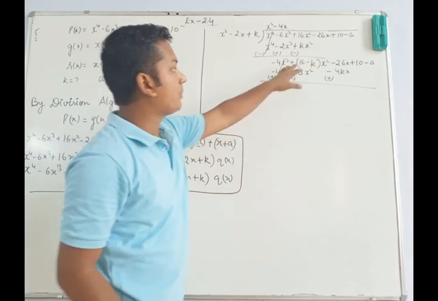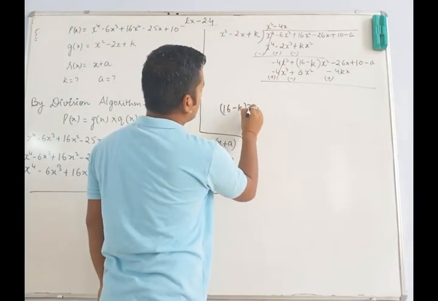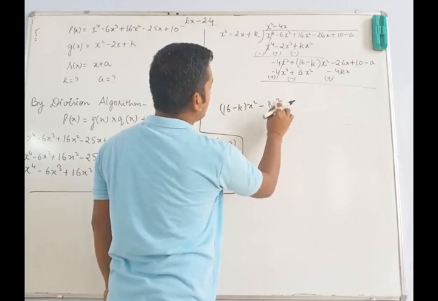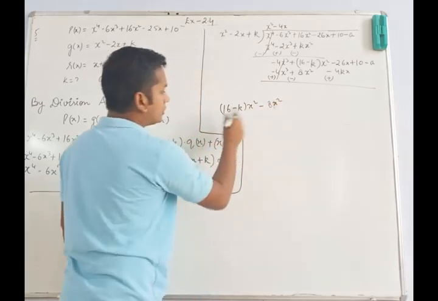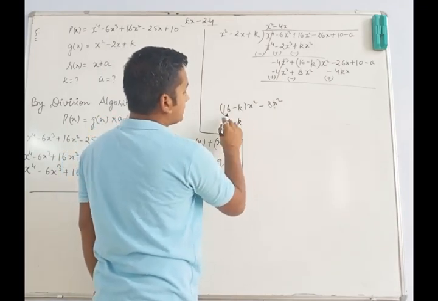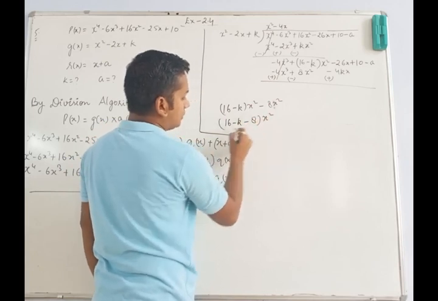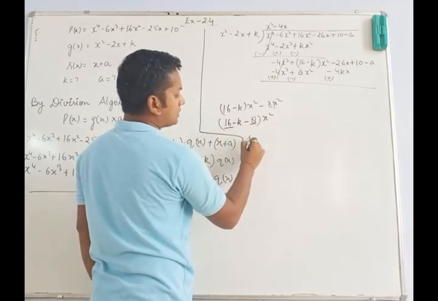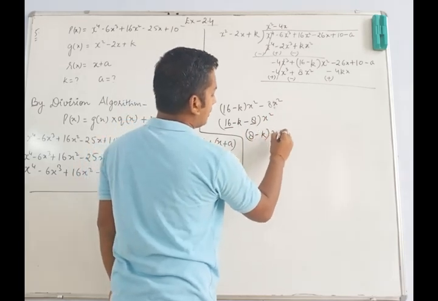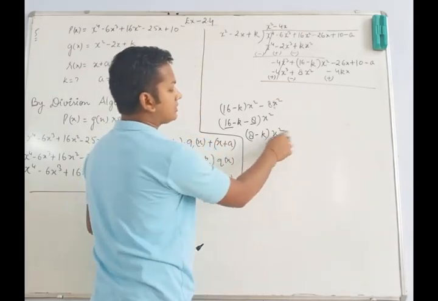Now here you see 16 minus k times x square, minus 8x square we have to do. So we take x square as common, and it becomes 16 minus k minus 8 times x square. So 16 minus 8 will give you 8, and it will become 8 minus k times x square. So now directly we will write 8 minus k times x square.